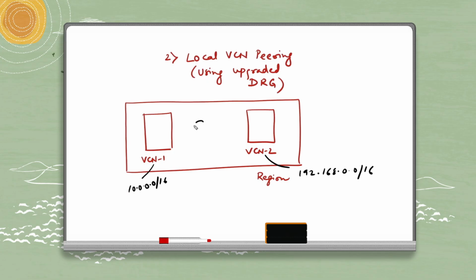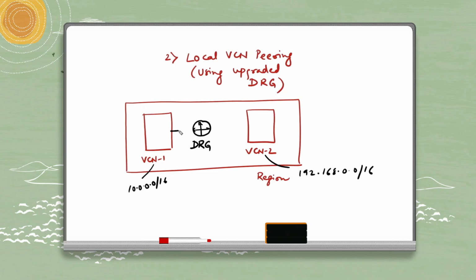And the second thing is you create something that is known as a dynamic routing gateway. So you create this virtual router. And the point to be noted here is that you need to create only a single dynamic routing gateway.